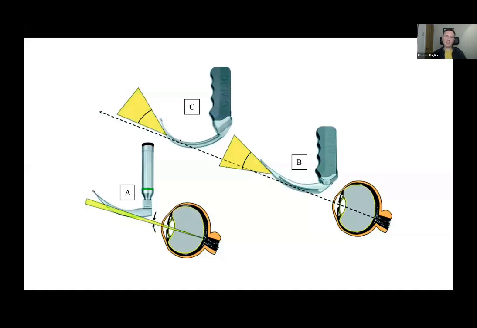When we compare that to B, that's a Macintosh geometry videolaryngoscope. Again, we can do direct laryngoscopy. We can still put the tip of the laryngoscope into the vallecula, lift the epiglottis and see the glottis. But because of where the camera is positioned near the tip of the laryngoscope, we've also got a view that goes more anteriorly.